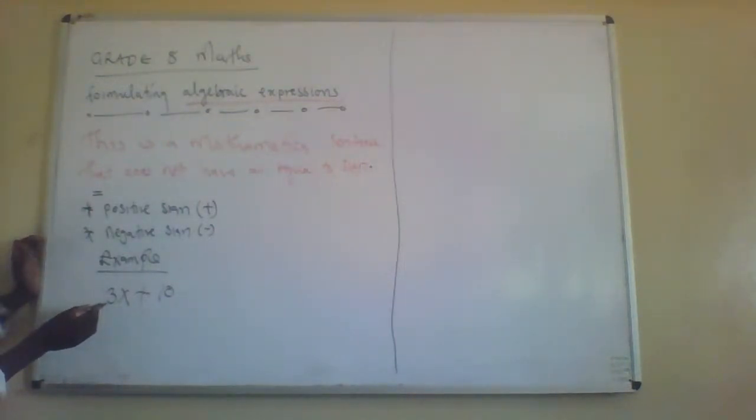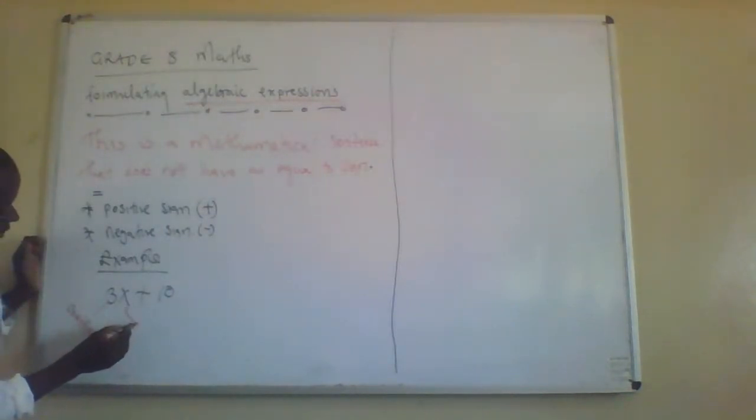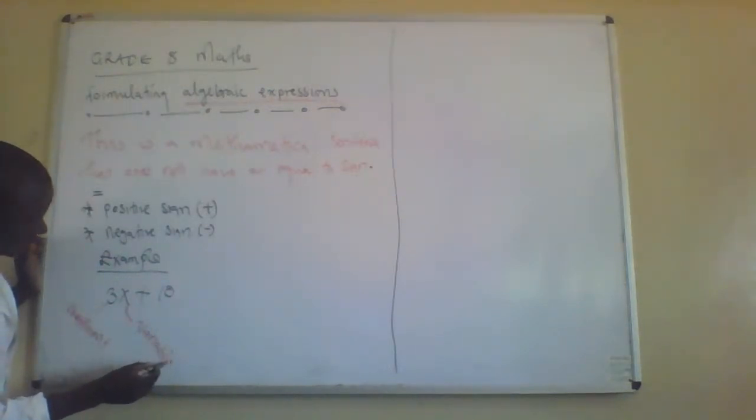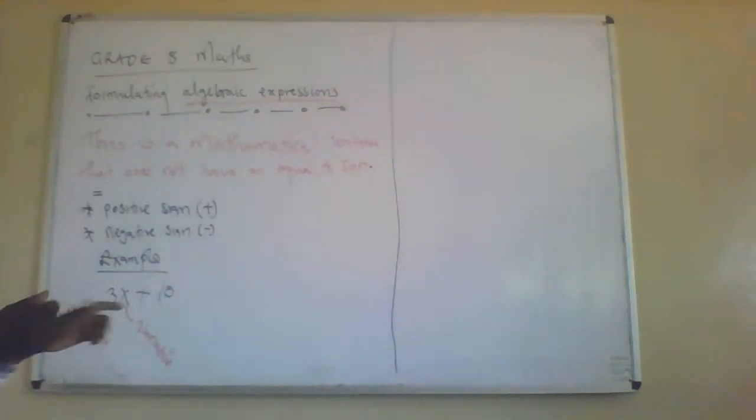In here, we can see that the 3 is written before the letter x. So that number 3, we are going to call it coefficient. Then this letter x is called a variable. But it's not always that a variable should just be x.